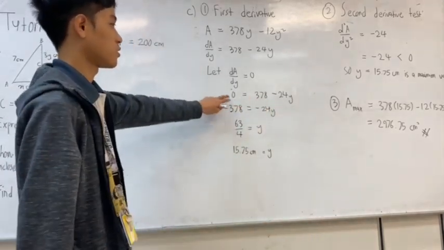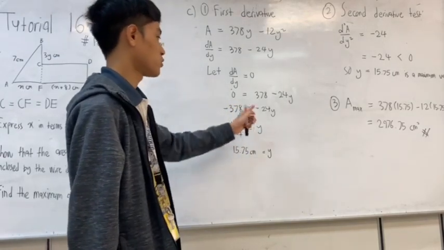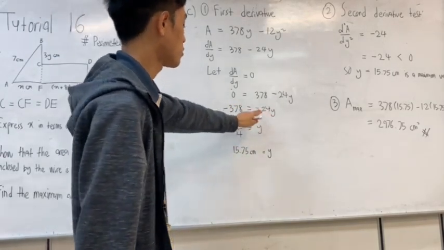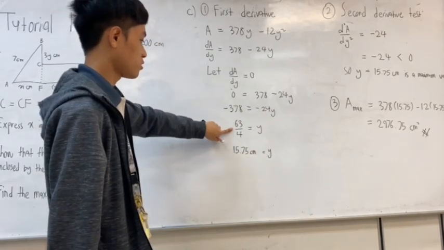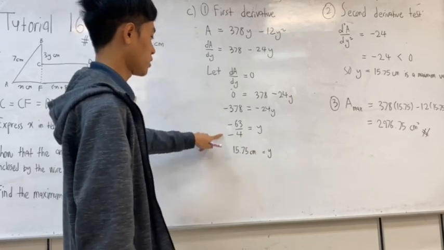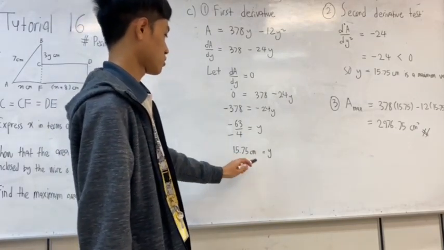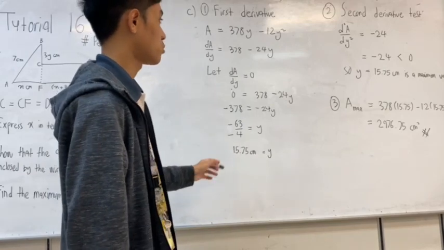That is 0, so you get negative 378 equals negative 24y, and divide each side by negative 24. Negative divided by negative gives a positive answer. So y is 15.75 centimeters.